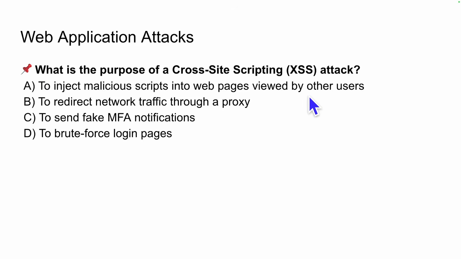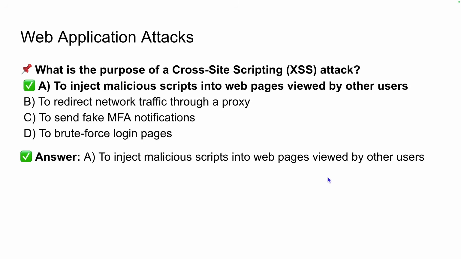This viewed by other users part is what throws me off. So I can only choose one, so I'm going to choose A. Okay, it is A. But this piece of being viewed by other users, that's the part where I'm like, okay, that sounds like request forgery. Like we're trying to get another user to launch it through the web pages that they're viewing.